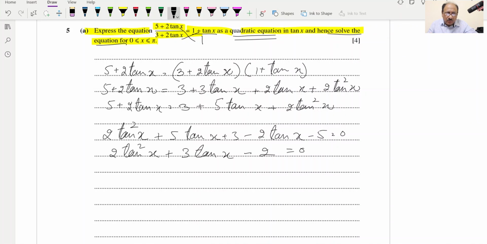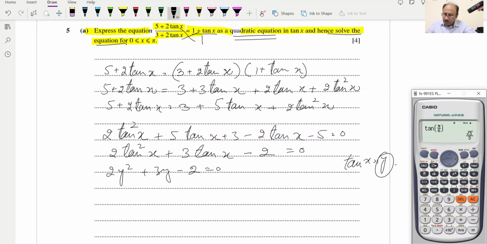Now we need to solve this quadratic equation, so we can put tan x is equal to y, and this will be 2y squared plus 3y minus 2 is equal to 0, and we can use mode 5 3 or the quadratic formula or whatever you want to check the values.